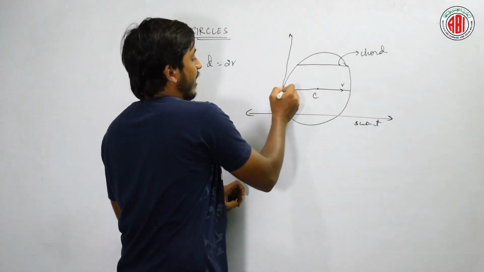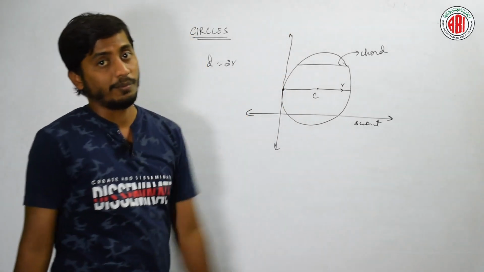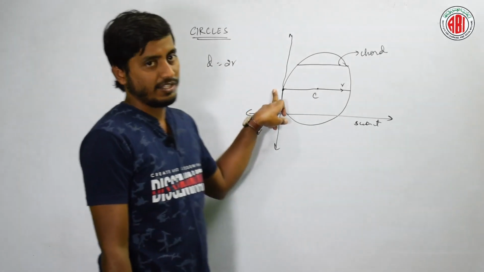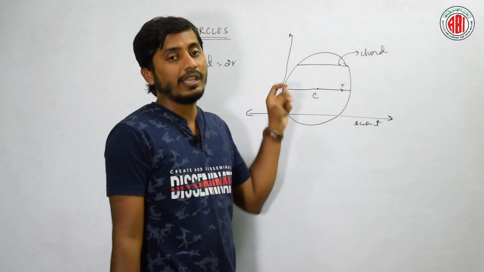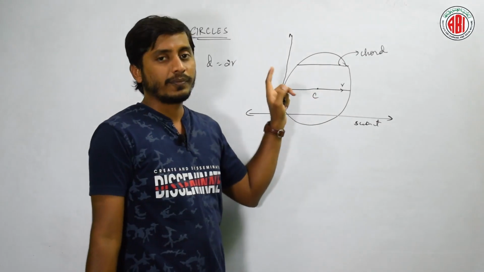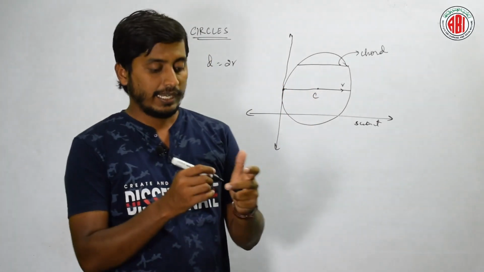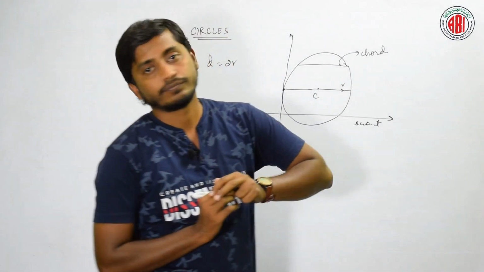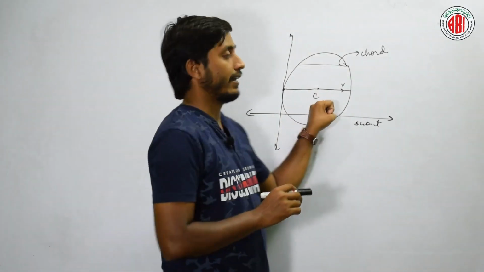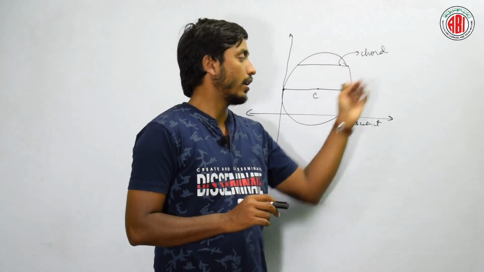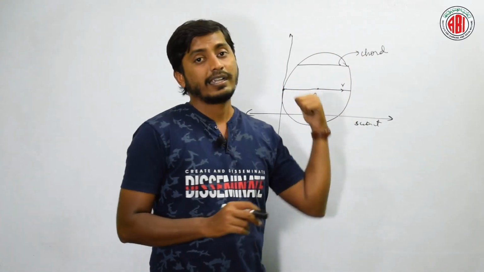A tangent is a line which touches the circle at one and only one point. It can touch at any point, and a circle can have infinite tangents. What all we learned? Radius, diameter, chord, secant and tangent.